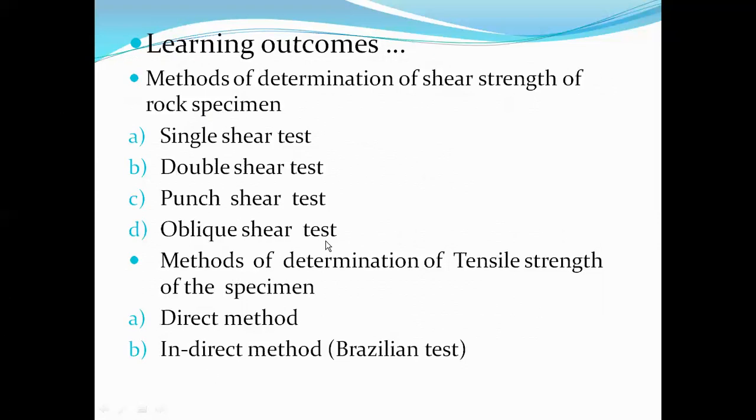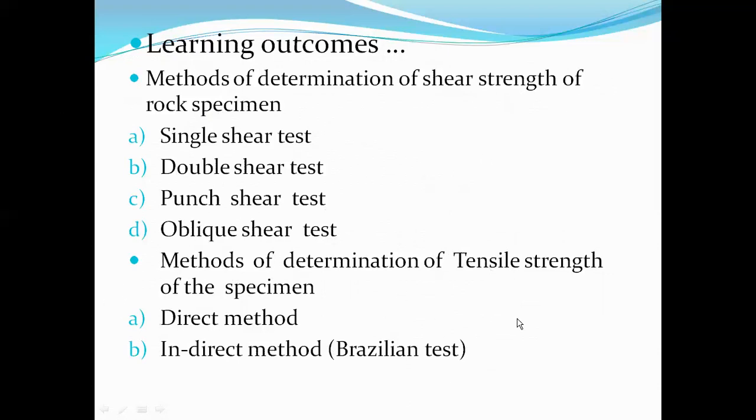Next we will discuss the methods of determination of tensile strength of the specimen. Shear stress is the stress that acts along the failure plane. It is like two forces causing a sliding failure; the force that acts there is called shear stress.